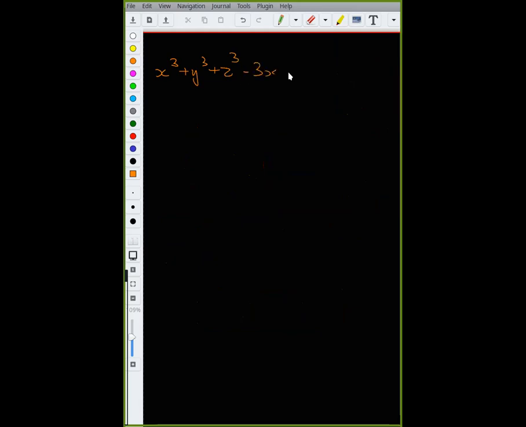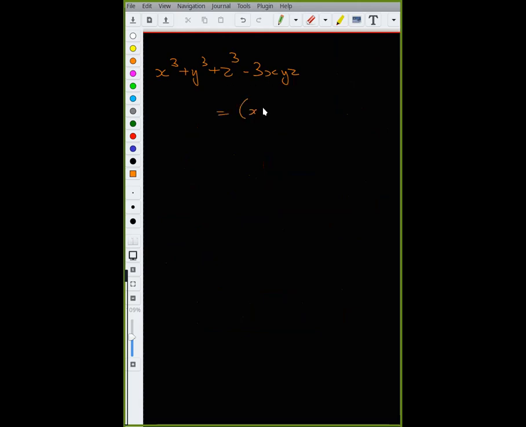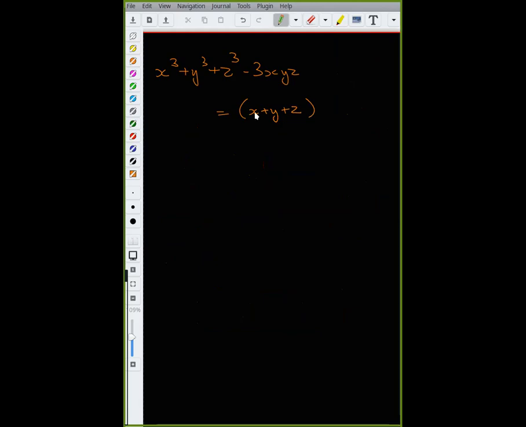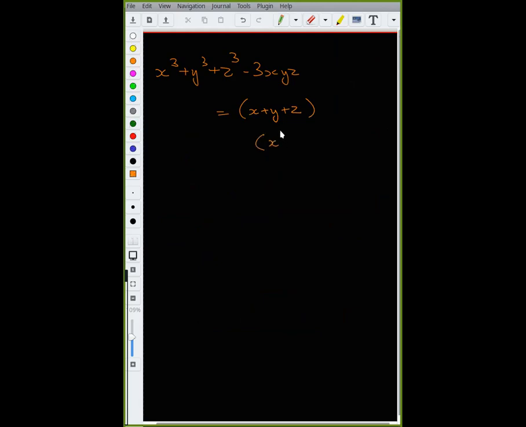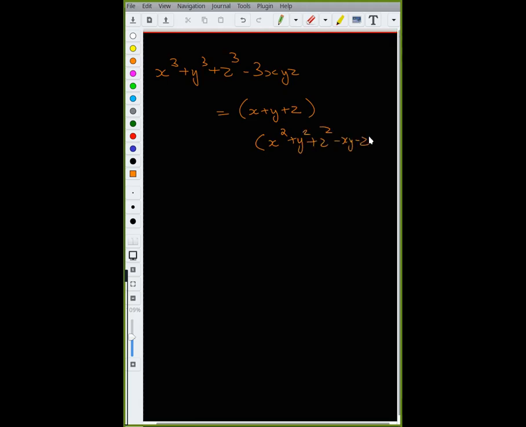They may give you a test on this. x cube plus y cube plus z cube minus 3xyz is (x plus y plus z) into (x squared plus y squared plus z squared minus xy minus zx minus yz). Very stupid one. Mug it up. That's all I'll tell you to do this one.